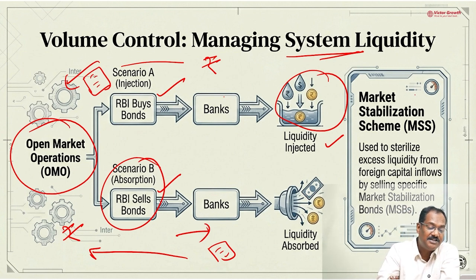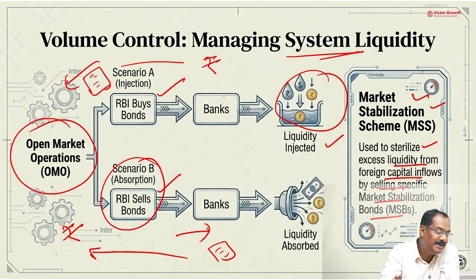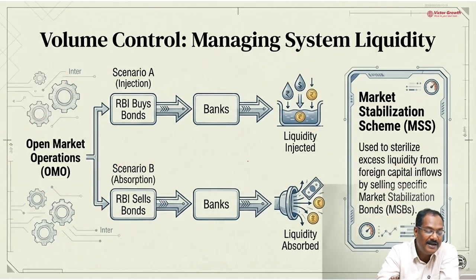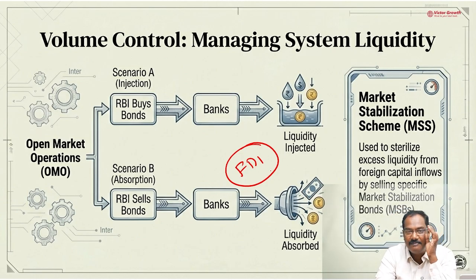Then the market stabilization scheme is used to sterilize excess liquidity from capital inflow by selling market stabilization bonds. Now this is something different. It is always possible that any FDI is coming from another country. Now this is not under the RBI's direct control. For example, now we have opened the insurance sector to 100%.